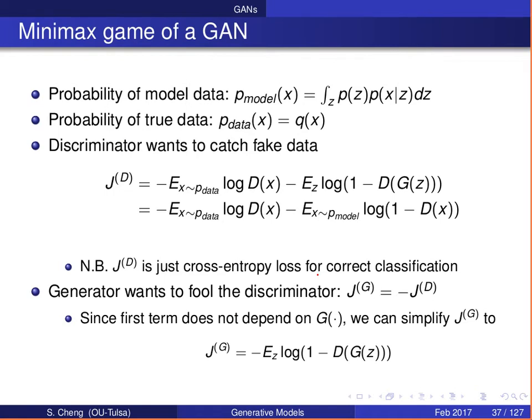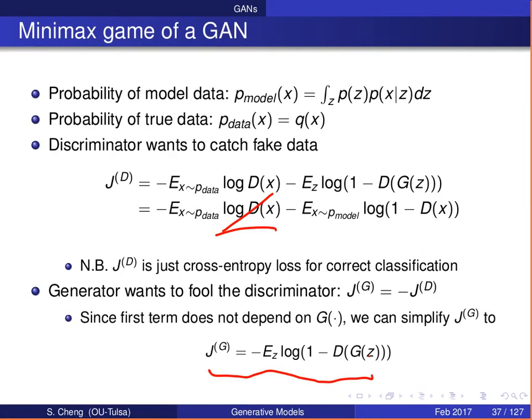So therefore, its cost should be just the opposite. If both players are trying to minimize the cost, then the generator cost can simply be defined as the negative J_D, minus J_D here. And of course, if you look at these two terms here, the first term does not really depend on G, right? So it has no control for the generator, so therefore we can ignore this term here. So we may write J_G, the cost of the generator, simply as this one.